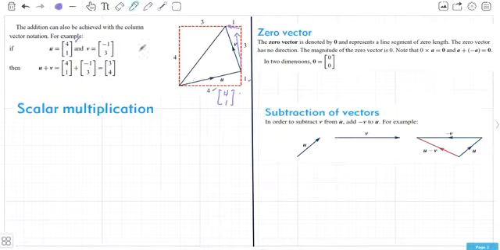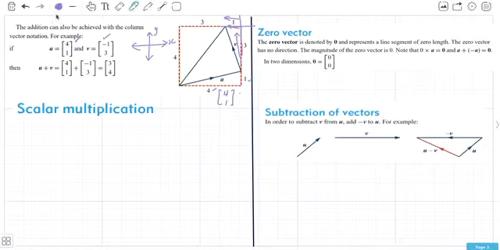So this vector would be -1, 3, because you're going that way. It's a good idea to draw yourself some axes as well, so you can see x and y. Thinking about your axes, you've gone that way 1, so this is -1, 3.